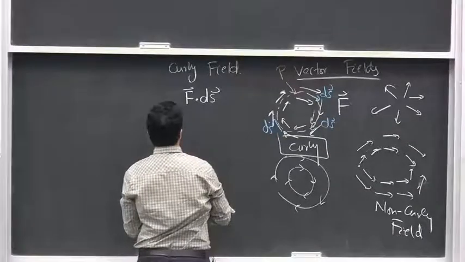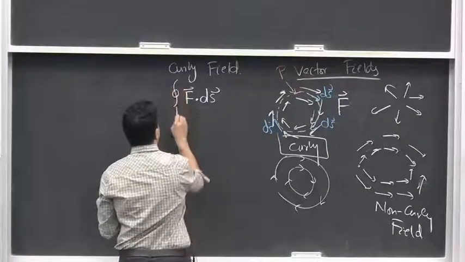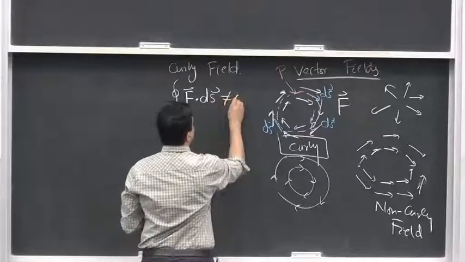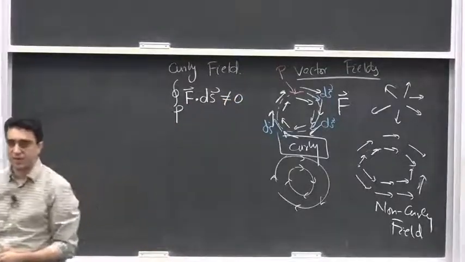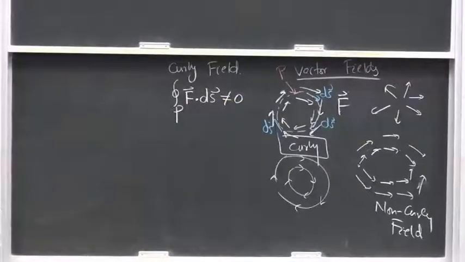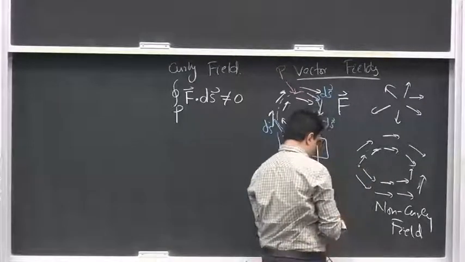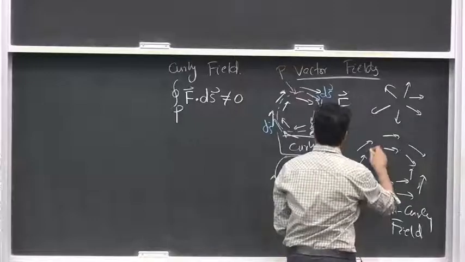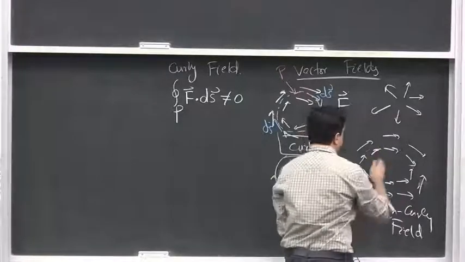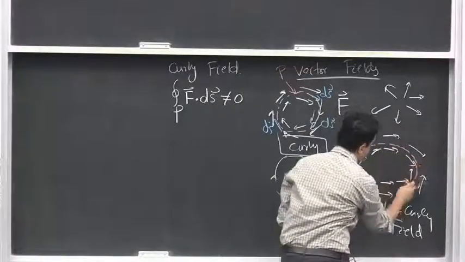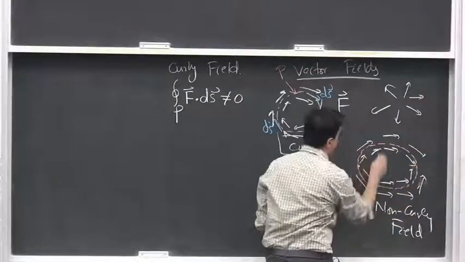So if you do it for a closed path, it gives you a non-zero number. That's the property of a curly field. But if you do the same for this field, for example, let's say I have a path which is something like this. Again, the same kind of path.